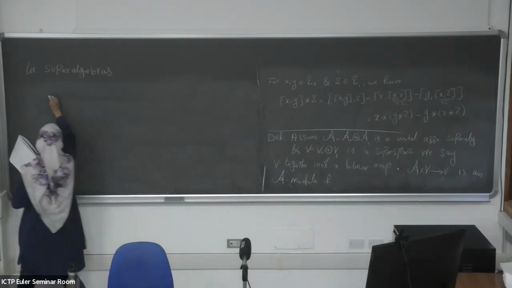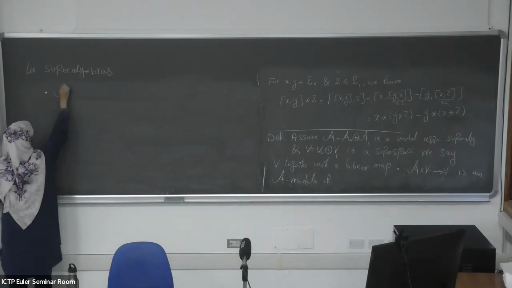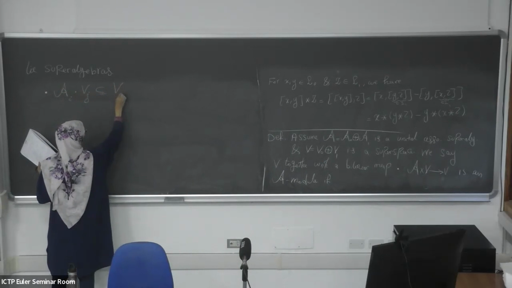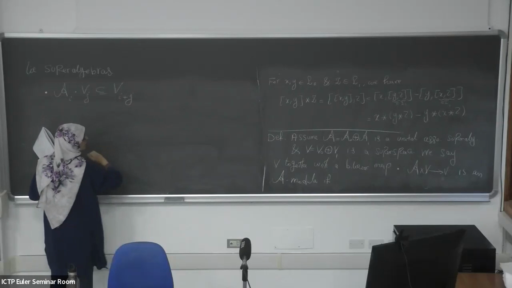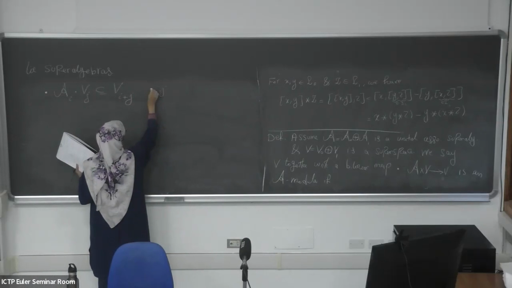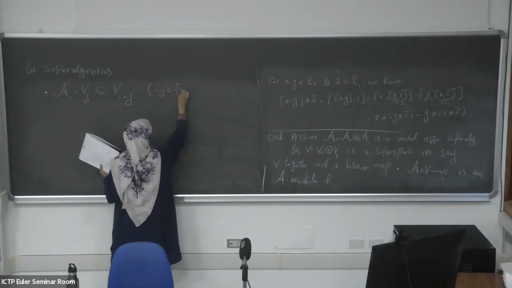First of all, A_i V_j is a subset of V_{i+j}, where i, j belong to {0, 1}.